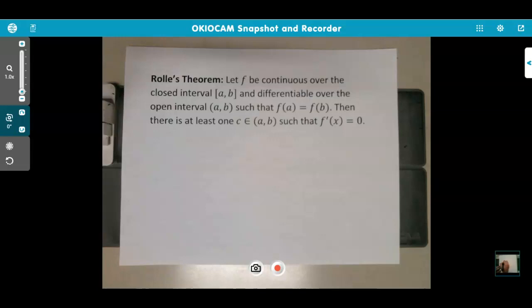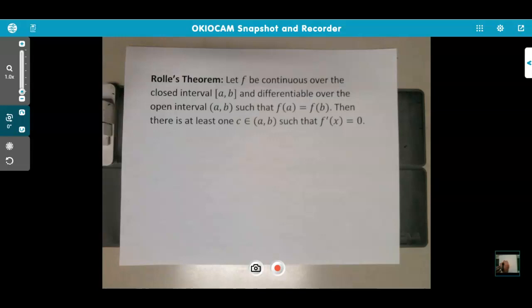Then there is at least one c within a to b such that the derivative at that point, just to make this clear, the derivative at that point c is equal to 0.